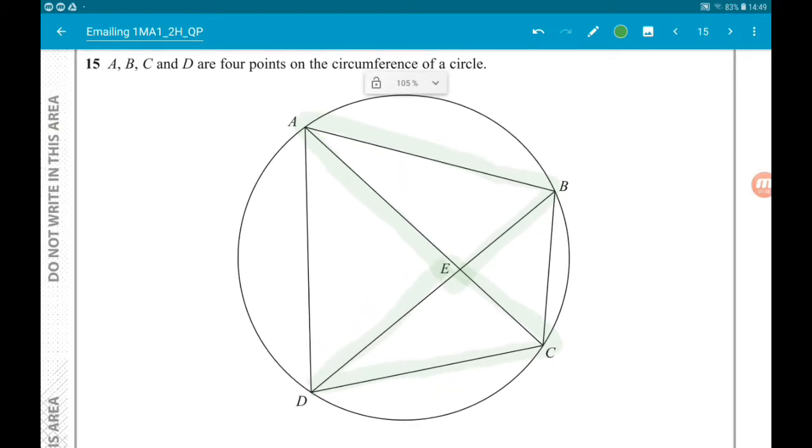So, triangles are similar if they have 3 pairs of equal angles. All that they really need is 2 pairs of equal angles, because then the third pair has to be equal too. So, first off, this shape here is a circle theorem. So, we call this angles in the same segment.